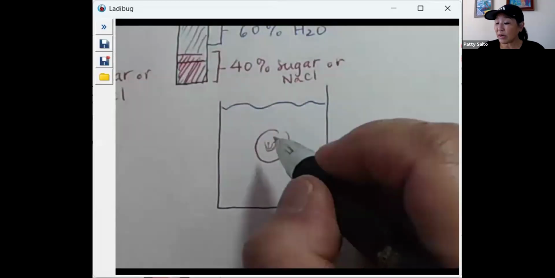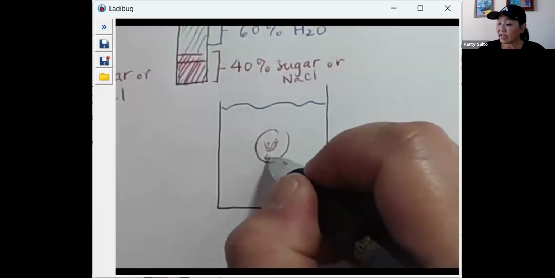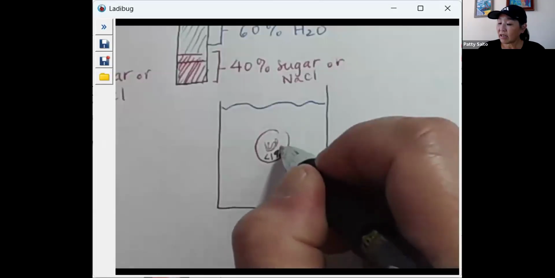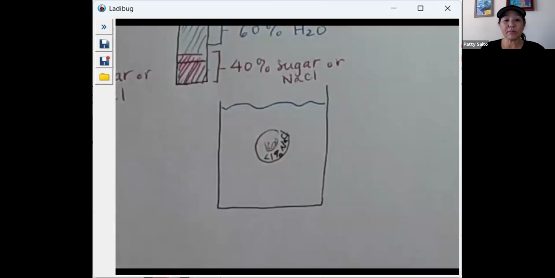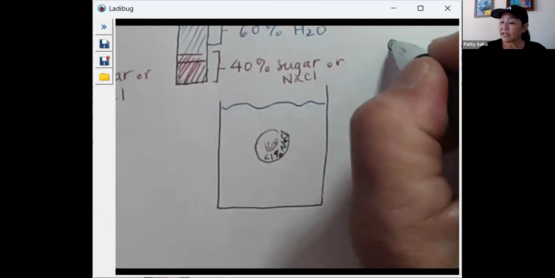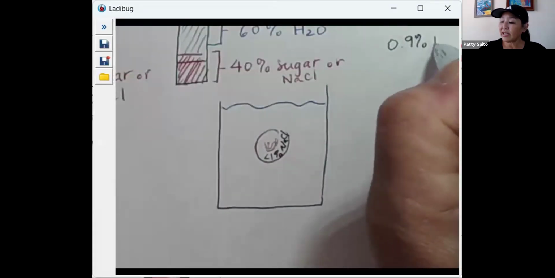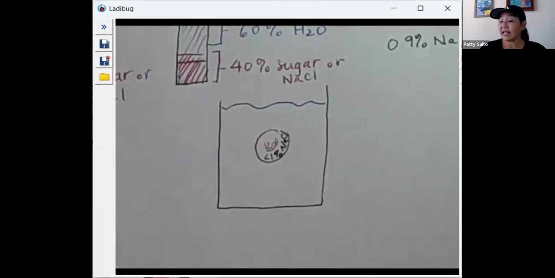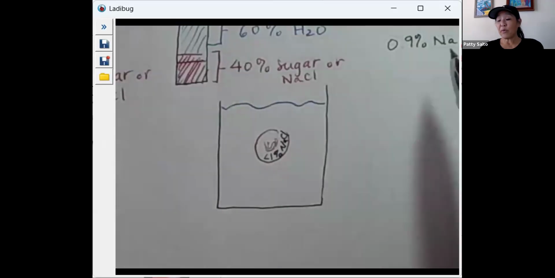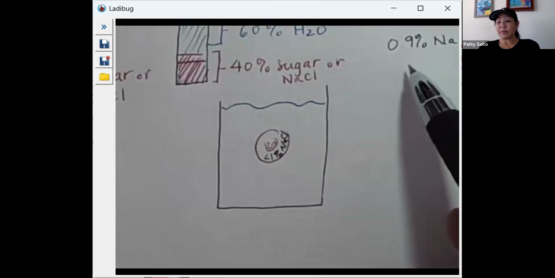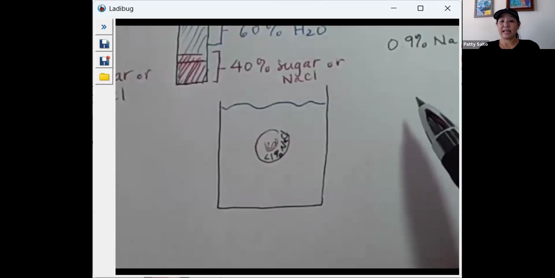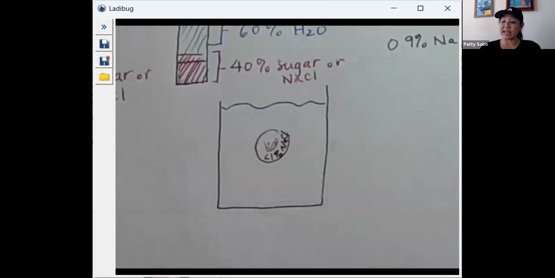It is less than 1% NaCl. It's actually 0.9% NaCl inside the red blood cell. Less than 1% means that about 99% is water, right? So let's say 1% versus 99%.